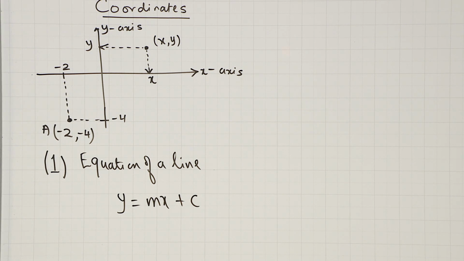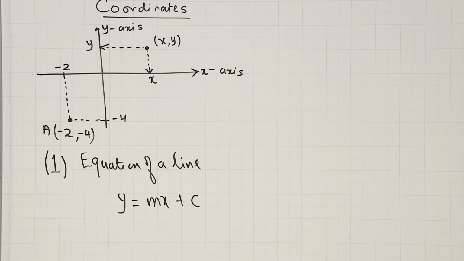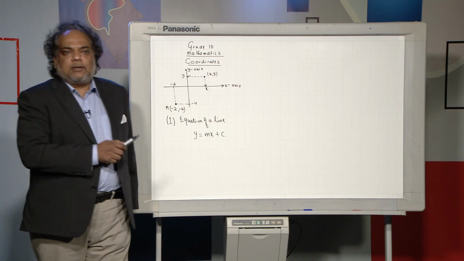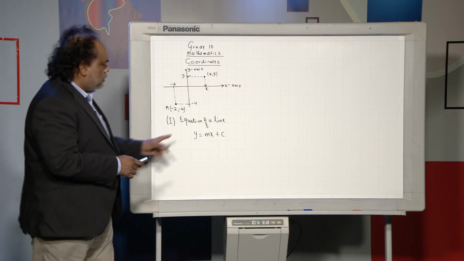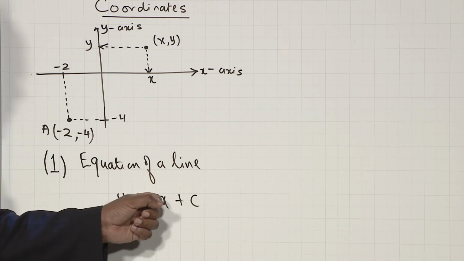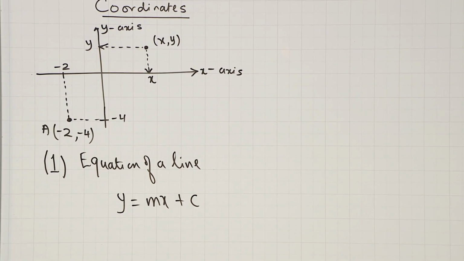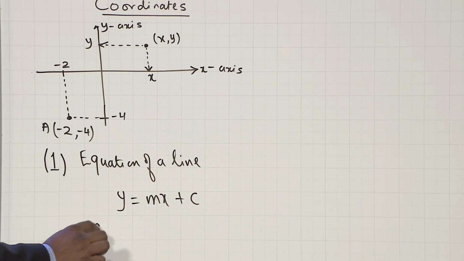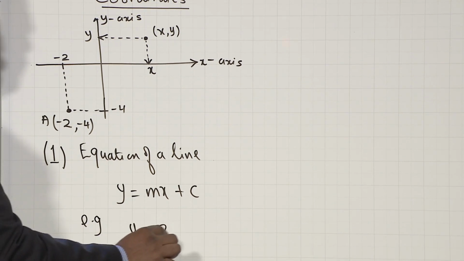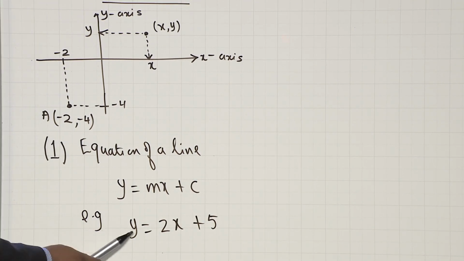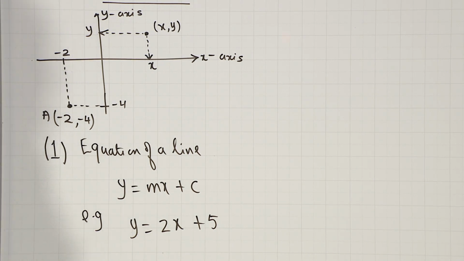Y is equal to mx plus c, because you studied that at the level of grade 9. The question that I'm going to ask you, what does the y represent? What does the x represent here? For example, if I had y is equal to 2x plus 5, what does the y and the x represent in the equation of a line?